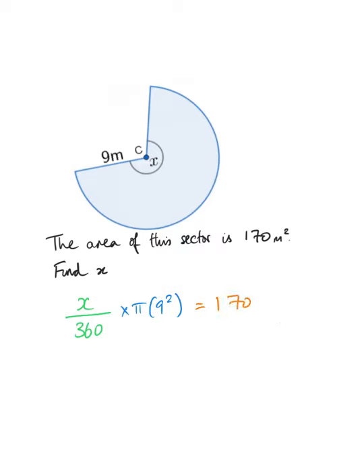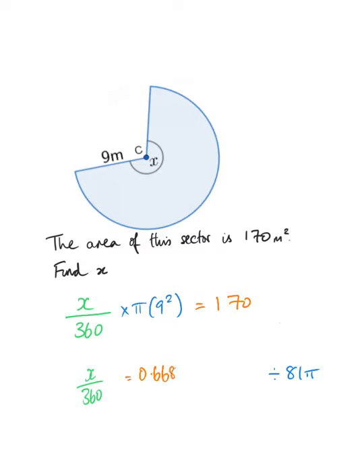I need to get x on its own. I'm just going to use my normal algebra skills. So the first thing I'm going to do is divide by 81 pi. The reason it's 81 pi is because pi times 9 squared is 81. So that leaves me with x over 360 is equal to 0.668.